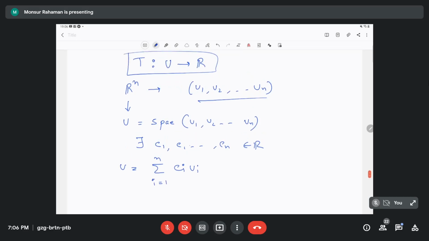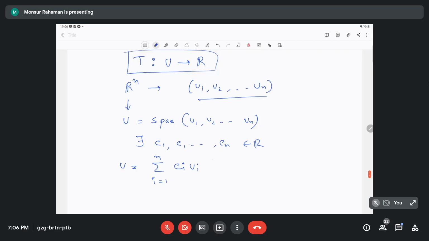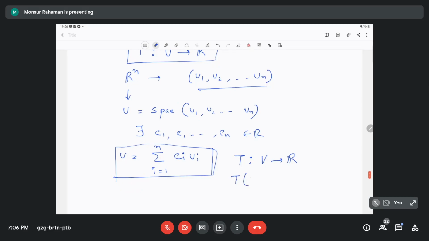From this definition, I can define a linear functional: T_i(v) equals ci, this particular coefficient.